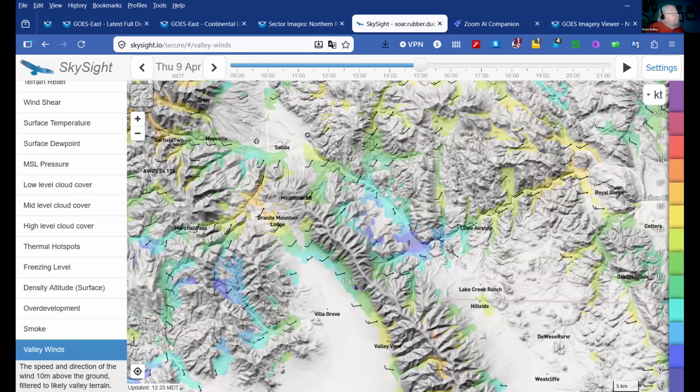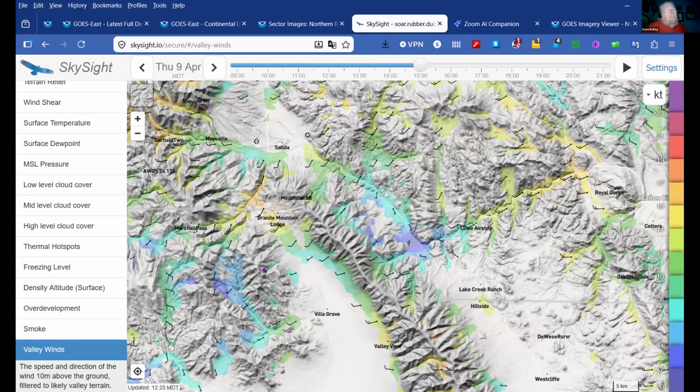This is the Collegiates, or no, this is Sangre de Cristo. Sorry, Sangre de Cristo. And what it's attempting to do is show you the mountain winds. This is not telling you the lift. This is telling you the predicted winds if you were in that valley trying to traverse the valley.